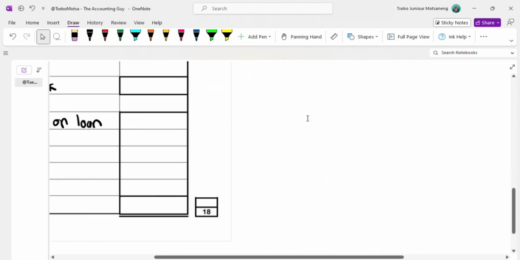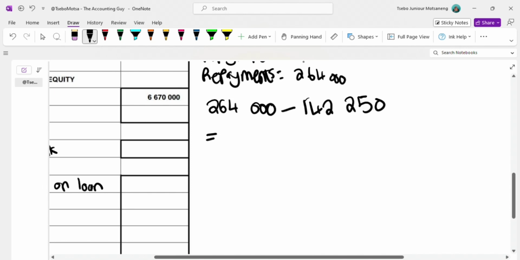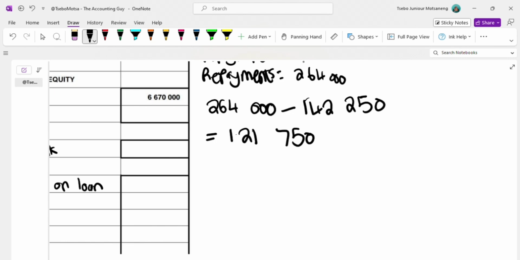My repayments, which is 264,000, minus interest capitalized, which is 142,250. That's my current portion on loan, and it will be 121,750. However, this 121,750 is going to increase by 10% over the next financial year.